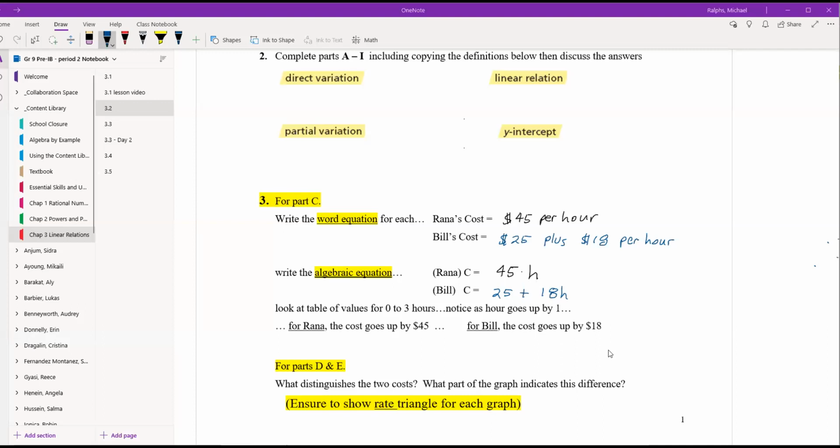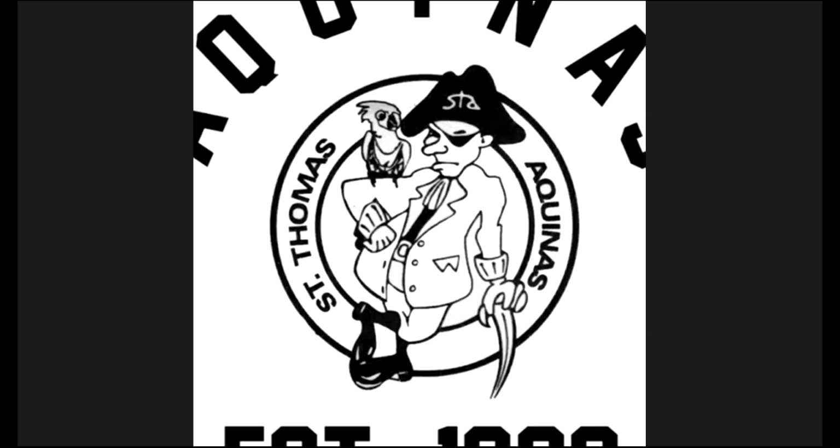There's nothing else in this equation. It's just 45 times h. So anytime you multiply this value in front by whatever value you substitute in for h, that's a multiple. So 45 times 0 is 0. 45 times 1 is 45. 45 times 2 is 90. So 0, 45, 90, 135, etc. Those are all multiples of 45. Okay, and that's just as simple as it gets there.